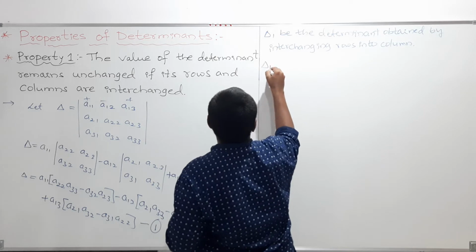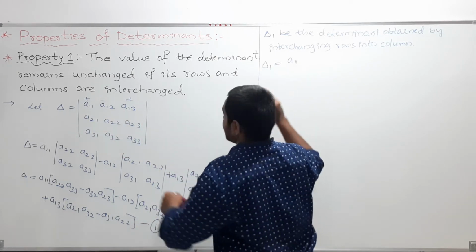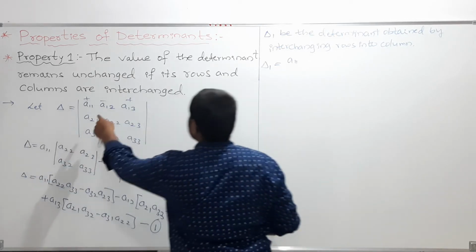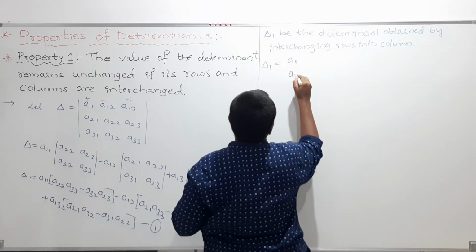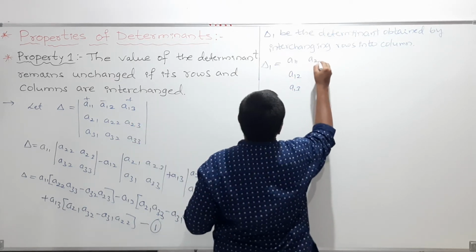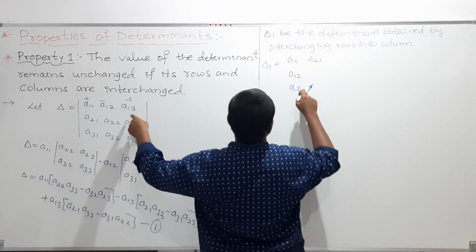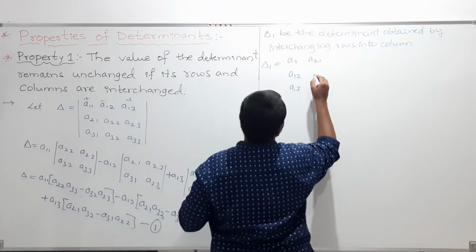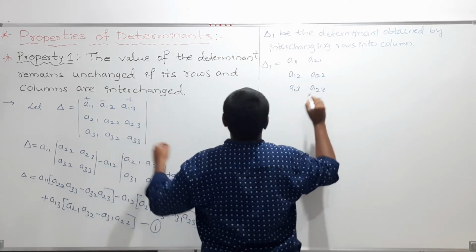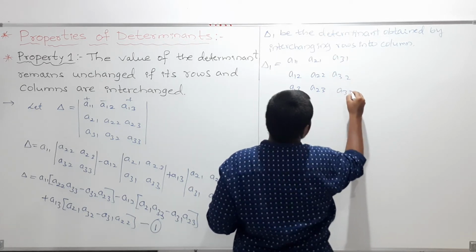So delta 1 is equal to, as earlier I wrote, the same thing I am writing here. So here it is a11, a12, a13, a21, a22, a23, a31, a32, a33, where this row I am writing as a column.